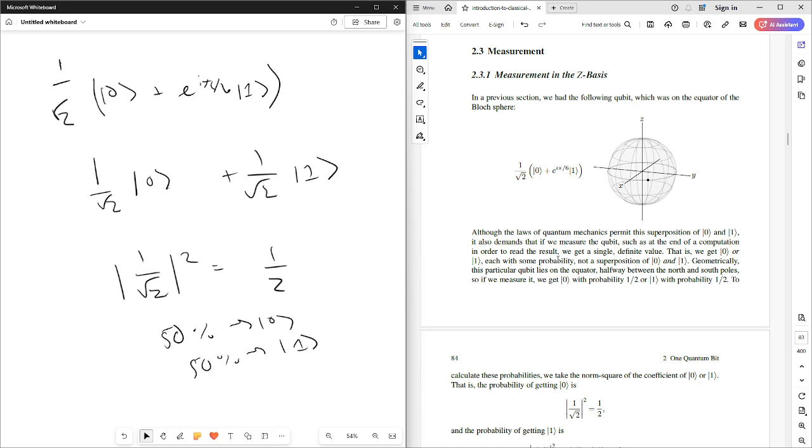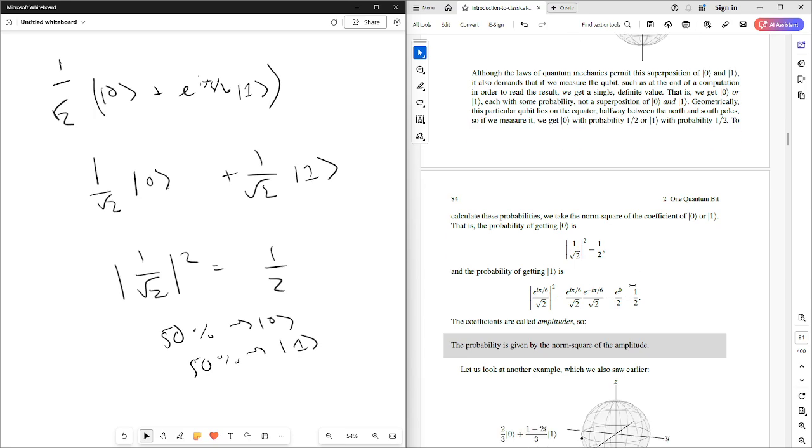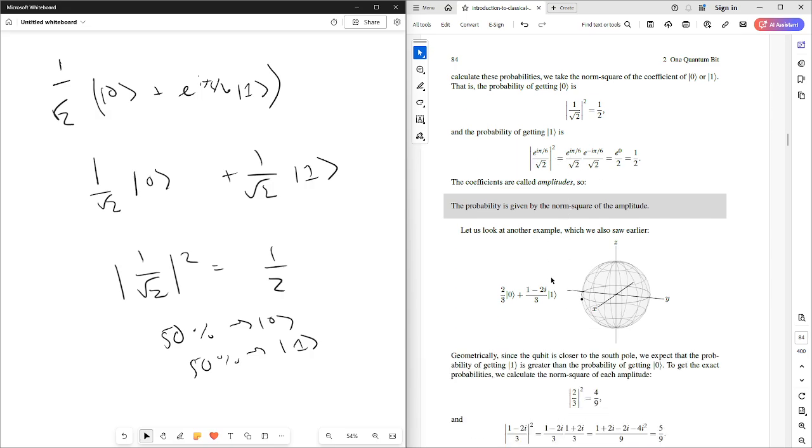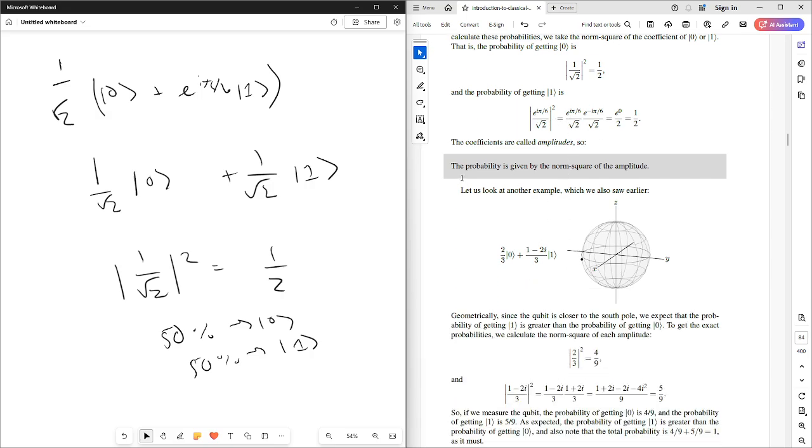Again, this example didn't shift it up or down, it didn't alter the amplitudes. So a phase shift typically in this basis is not going to change them. Probability is given by the norm square of the amplitude.